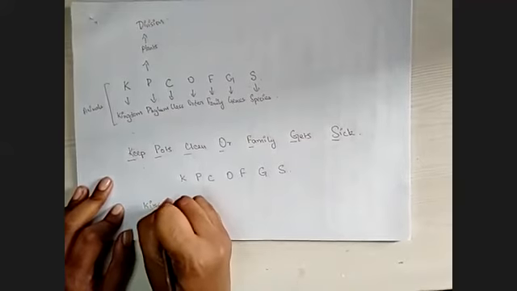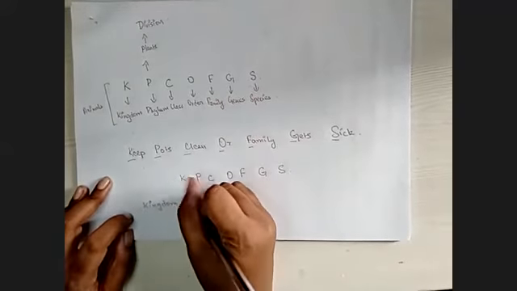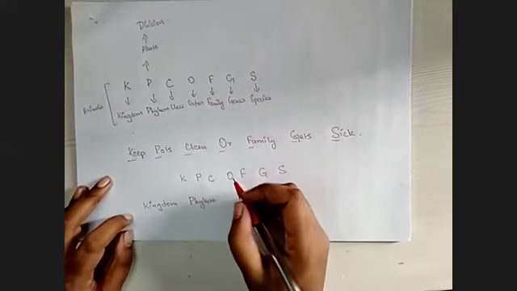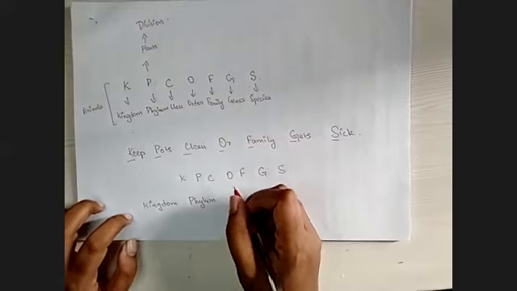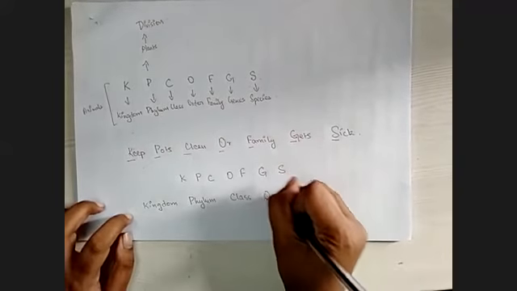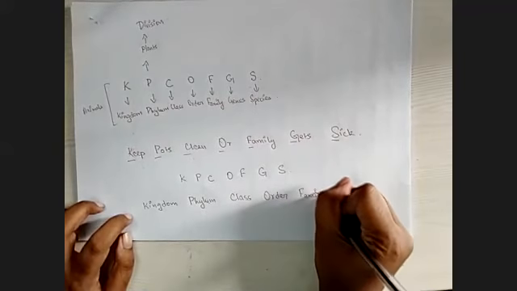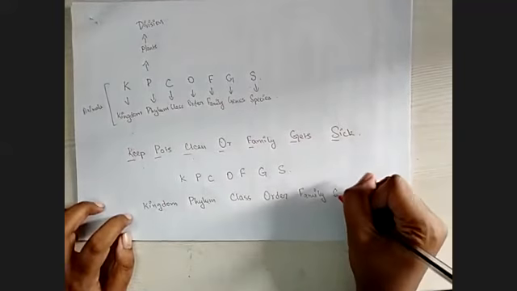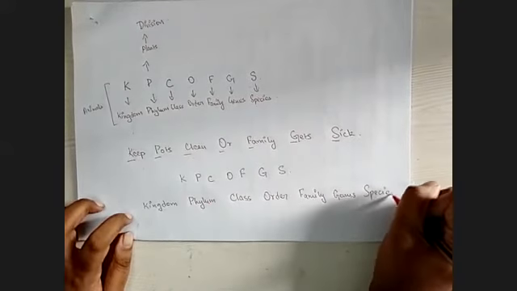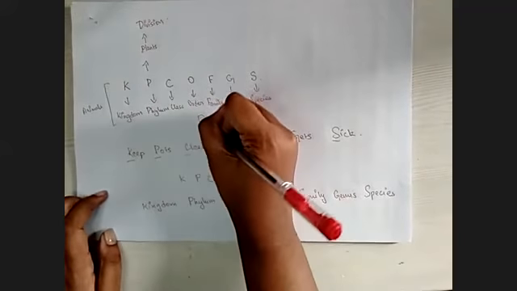Sometimes it so happens that with the words that you have over here, you won't be able to make a sentence. You need to add certain words like or, from, is, the. Those kind of words you can add in between. But when you add them in between, just remember that it does not stand for anything. It is only for you to remember that sentence. And there you have it. You will be able to make this relation thanks to mnemonics.